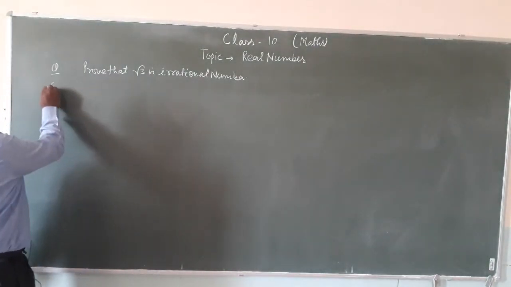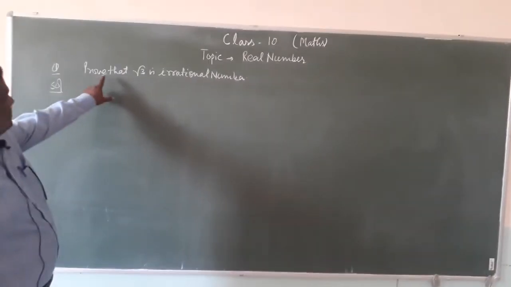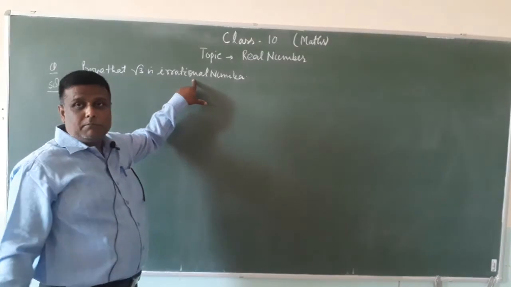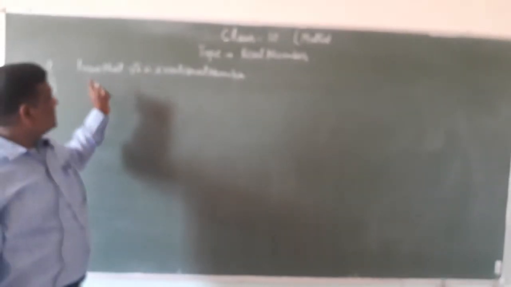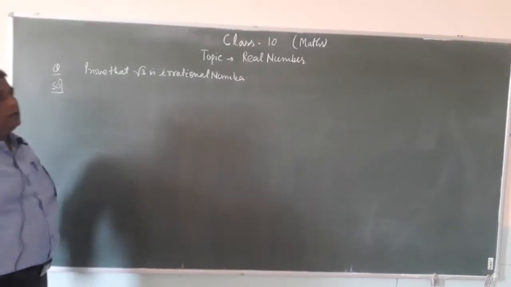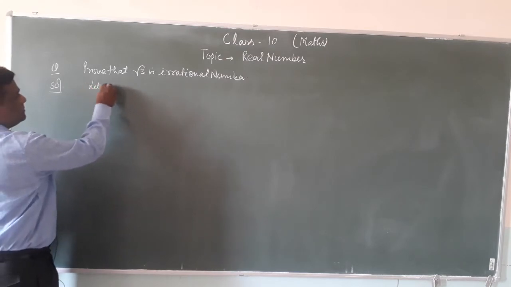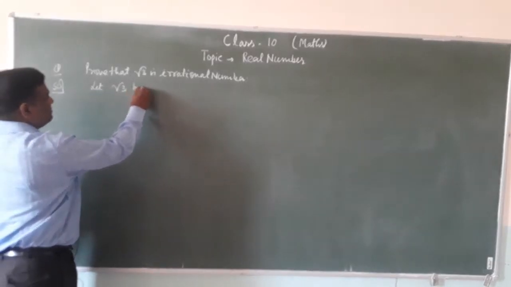Okay, now the solution is: an irrational number is one which cannot be written in the form of p by q. So first of all, we can suppose that root 3 is a rational number. Let root 3 be rational.